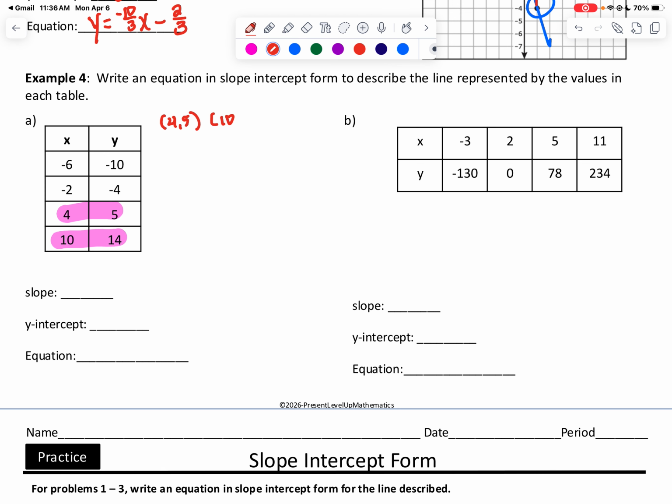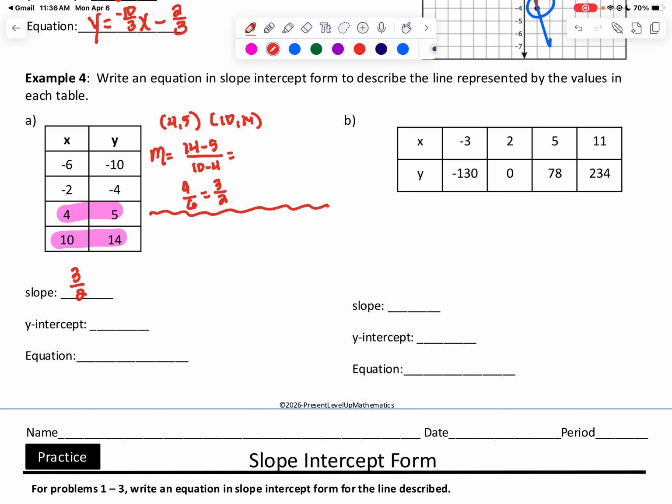Just write them down side by side like this. So 4, 5, comma 10, 14. So m equals 14 minus 5, y2 minus y1, over 10 minus 4, which would be 9 over 6, which is 3 over 2. So there's your slope.